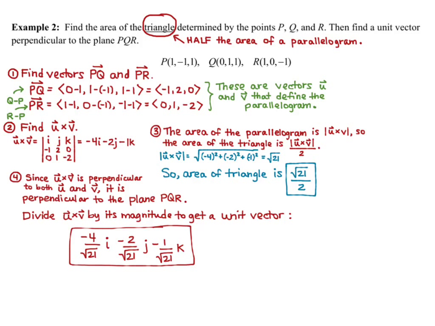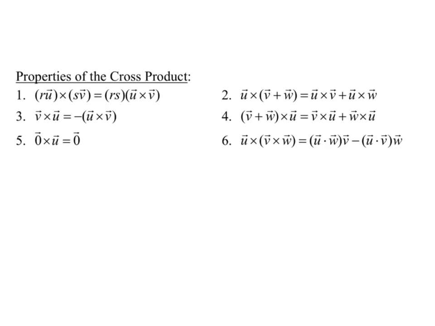Okay, the last thing I want to talk about is the properties of the cross product. So basically how we deal with scalar multiplication, we pull the scalars out. Second property is that you can distribute the cross product.